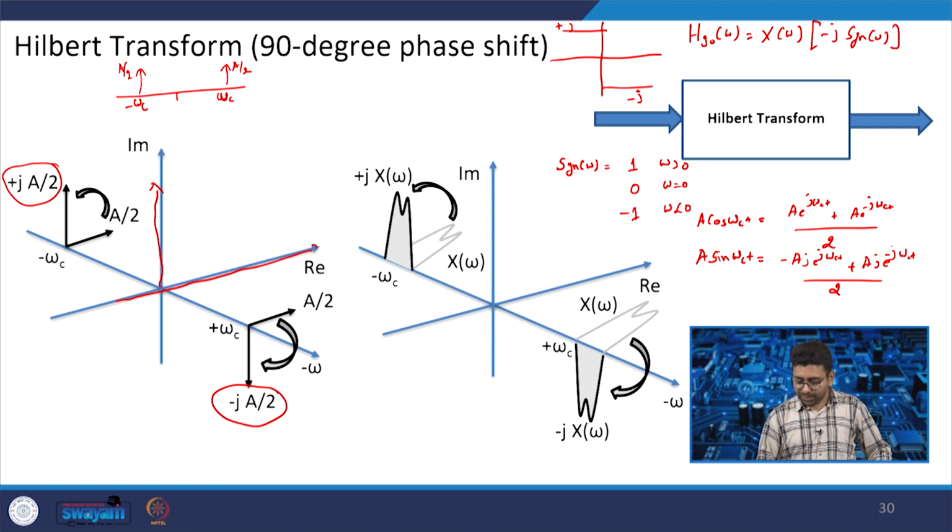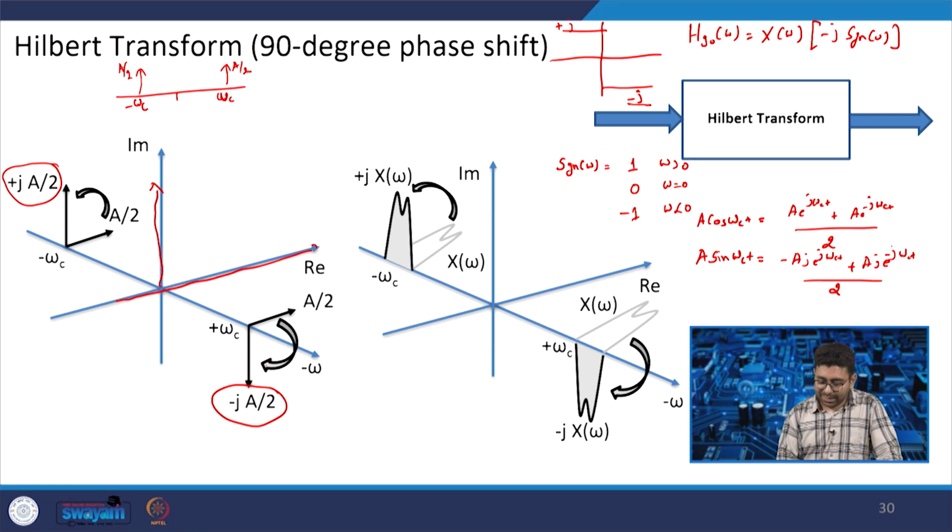Now if we do the same thing with the cos signal, cos omega_c t, the positive frequency has amplitude A by 2. We multiply it with minus j, so it is shifted from the real plane to the imaginary plane, and the amplitude will be minus j A by 2.